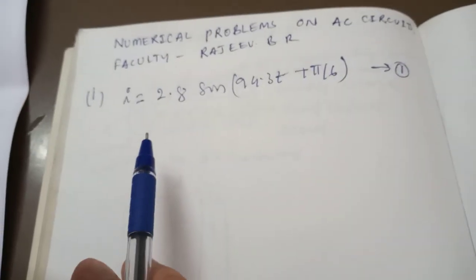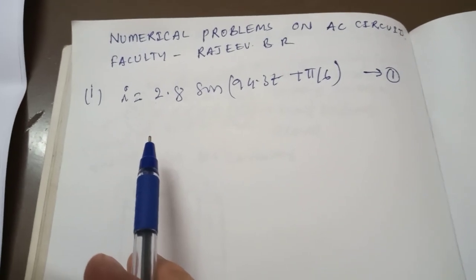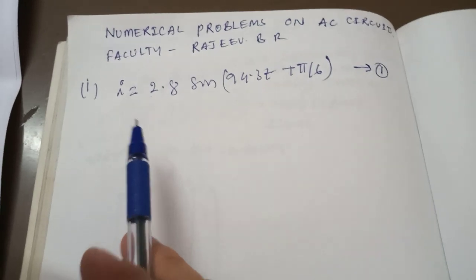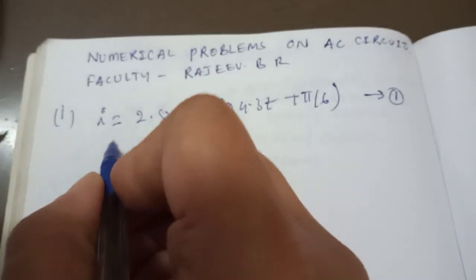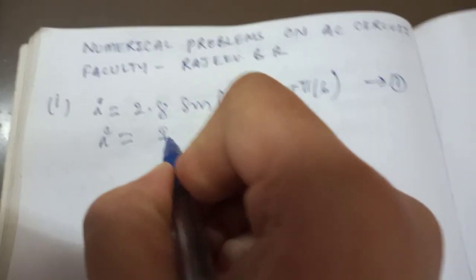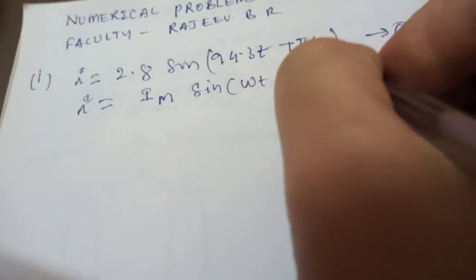You should know the standard equation, and you have to compare this with the standard equation. What is the standard equation? The instantaneous value of a current is given by i is equal to Im sin(omega t plus or minus phi).